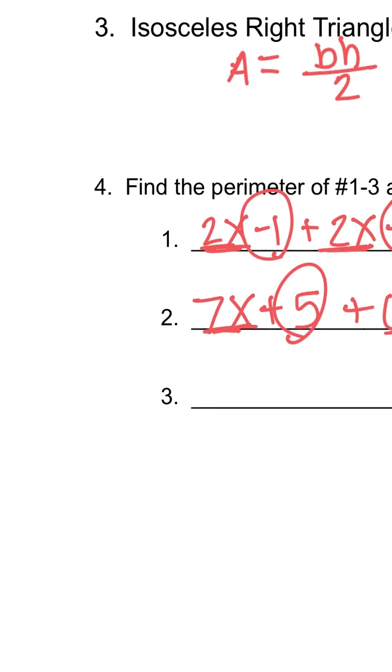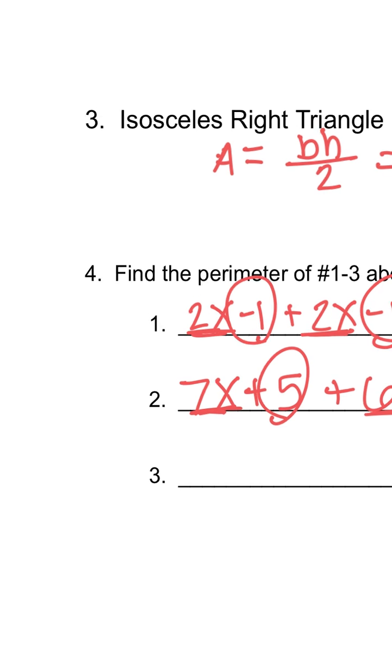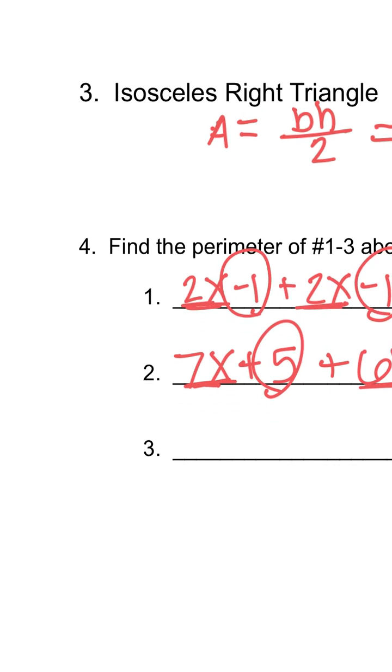All right, number 3, that's the one right above it. That one's just 3x. For the final answer? Yes. No, not for the perimeter. Are you sure? Yeah. Well, let's try it. So we have x minus 2 plus x minus 2 plus 4x plus 1. So we have 4x.